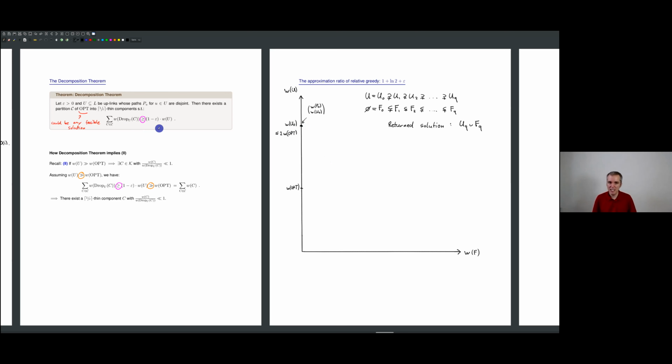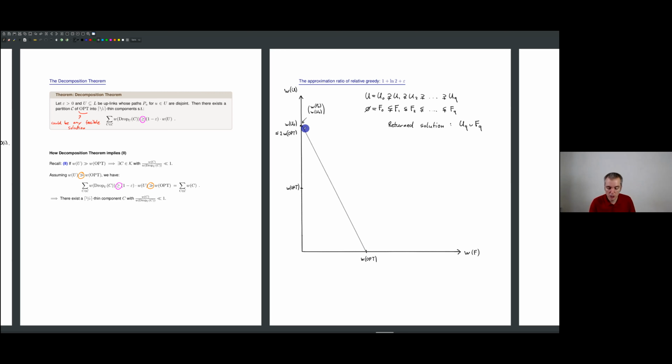So what does it mean in terms of how fast we will make progress? It means, let me add this here, this will be the weight of opt again. It means that we will improve roughly with at least that slope, or precisely, at most that slope, because going down is good for us, right?